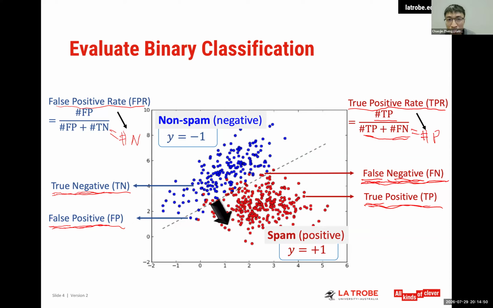So what are these two measurements used for? These two measurements are going to answer questions like, let's say for medical diagnostics, what percentage of sick patients do we detect? So that is the true positive rate. And for a question like what percentage of healthy people are wrongly flagged, that would be represented by the false positive rate.